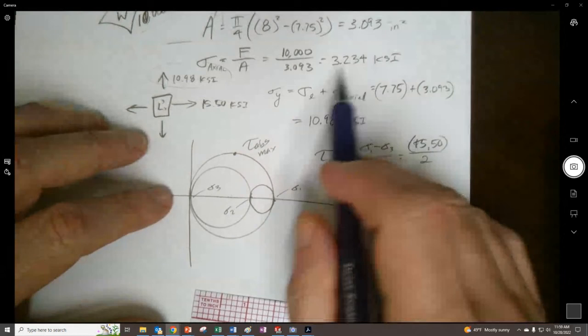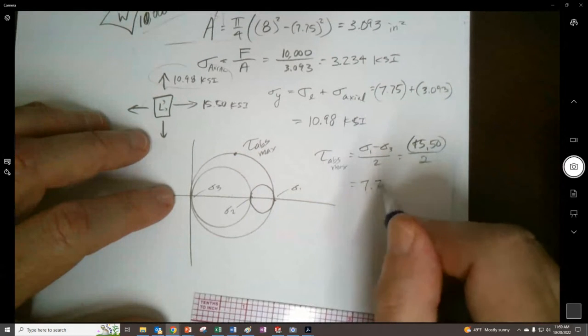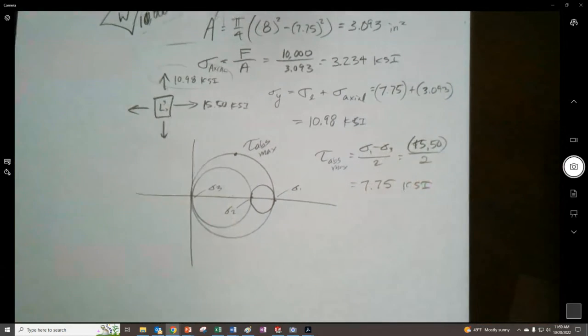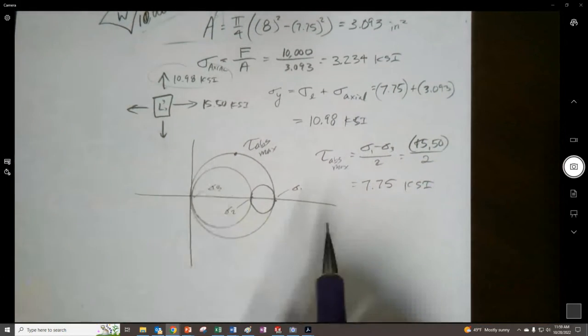Which we already knew, 7.75. So if we use the maximum shear stress theory, all we had to do was look at that.